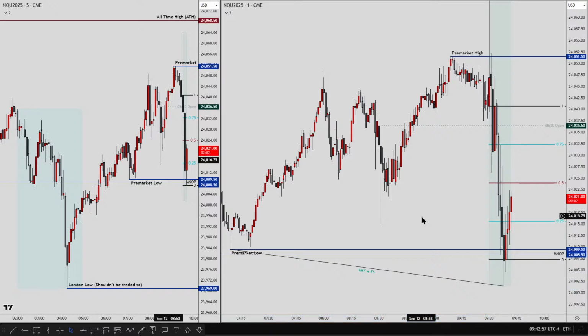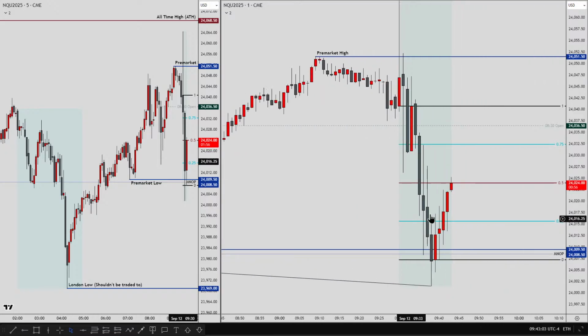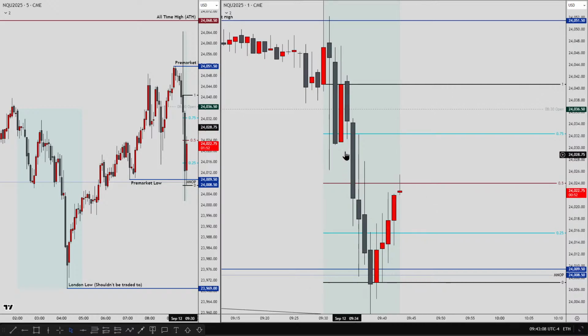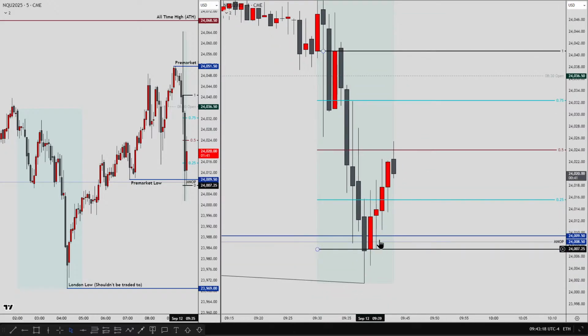Could you quickly go over the difference between change in state of delivery and market structure shift? Yeah, sure. So any down close candle is a state of delivery to the sell side, and any up close candle is a state of delivery to the buy side. Say we trade below these 1, 2, 3, 4 up close candles now.